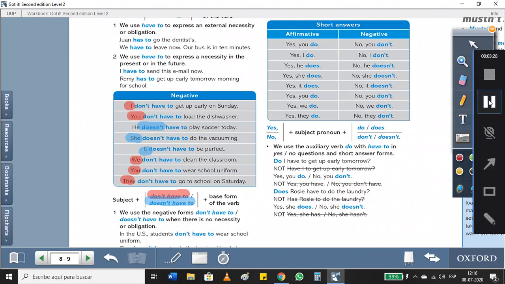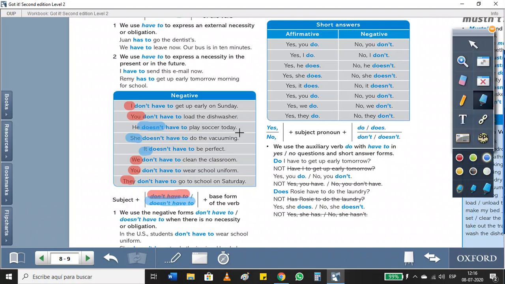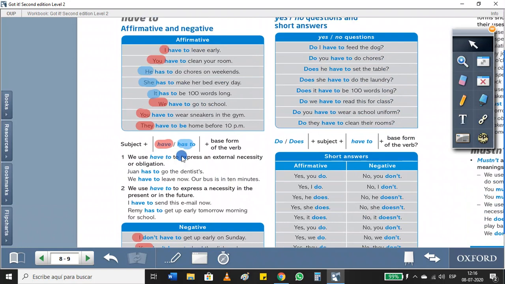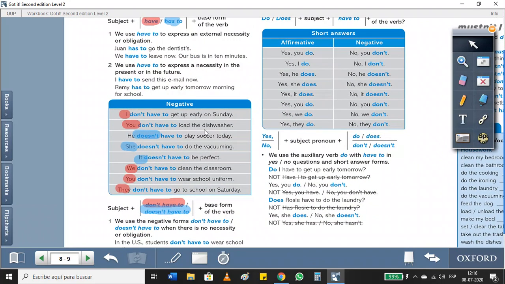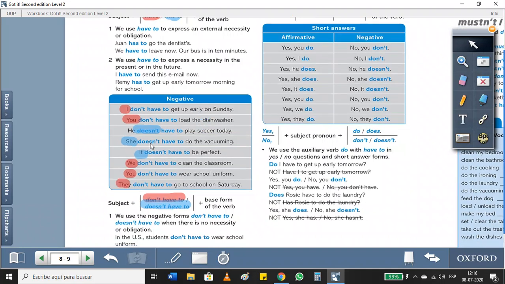Okay? Cool. Wonderful. Remember, here in the affirmative statements, we're gonna use has to with he, she, and it. But now, in the negative form, we're gonna use doesn't. Okay? Y al usar doesn't, vamos a usar have to, no has to.